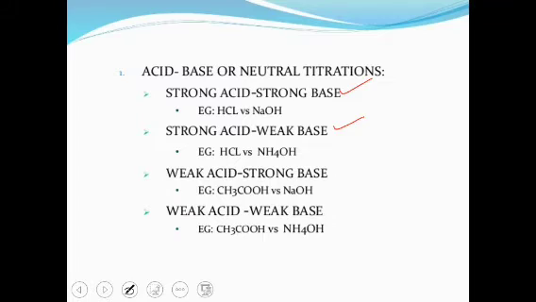The third one is weak acid versus strong base. And the fourth one is weak acid versus weak base. These are the major examples of acid-base titrations. So here, let's see one by one.